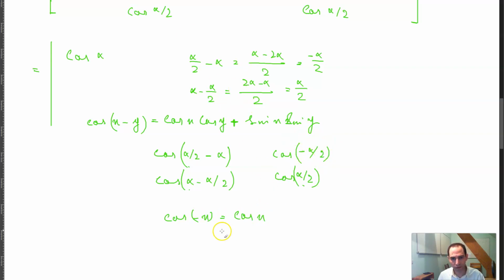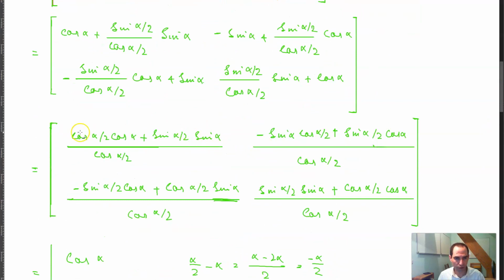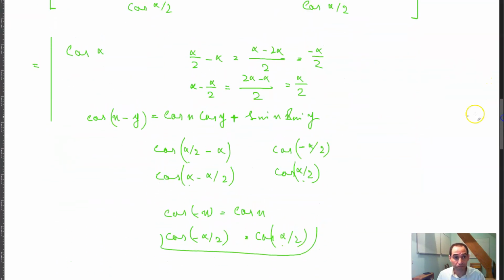So basically cos of negative alpha by 2 is equal to cos of alpha by 2, and both of these are equal to this single expression up here, right? That's something interesting.